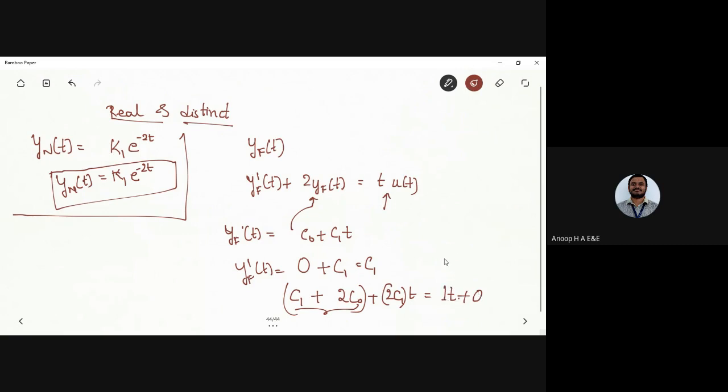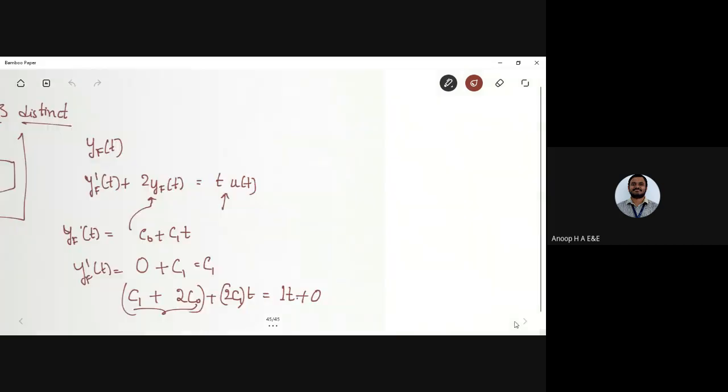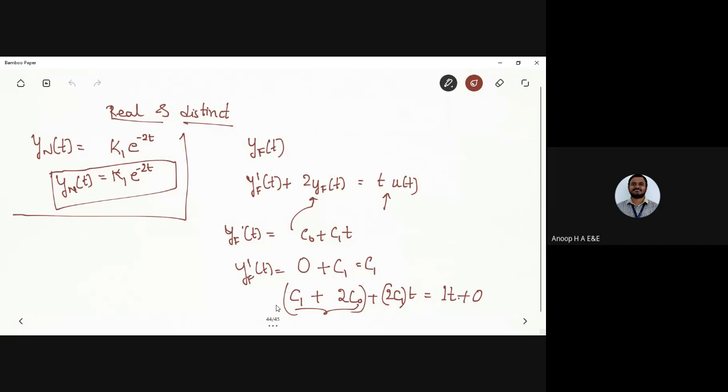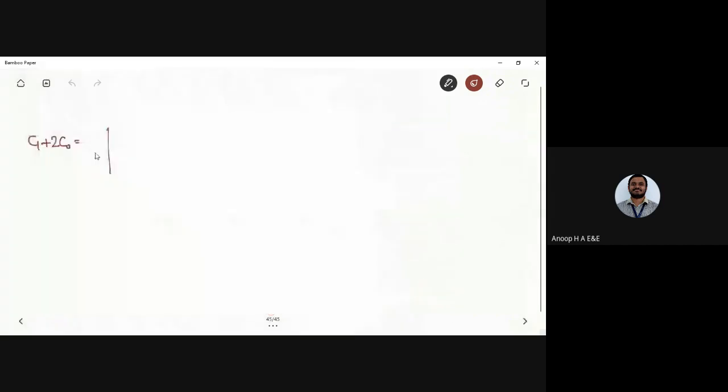So I can find out what is C0 and C1. So replacing it, I'll be having C1 plus 2C0. What would be the value? C1 plus 2C0 would be equal to 0. Okay. Next, what is the next thing that I need to find out?